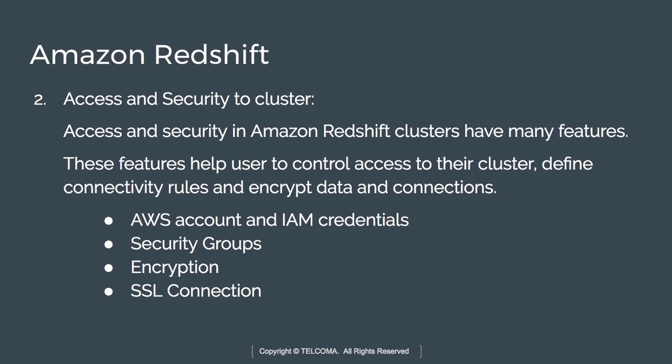The user can use either AWS Key Management Service or a hardware security module to manage encryption keys. The only way to switch from an encrypted cluster to a non-encrypted cluster is to unload the data and reload it to a new cluster. Encryption applies to a cluster and any backups.